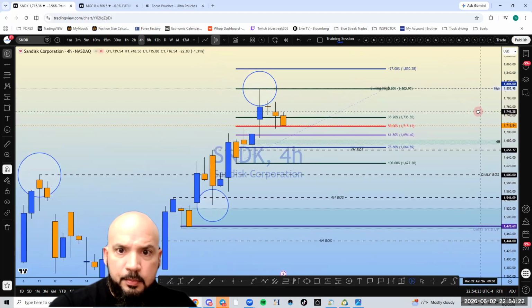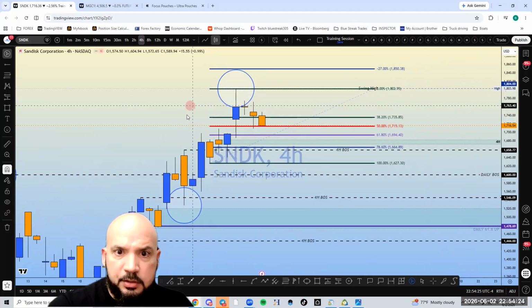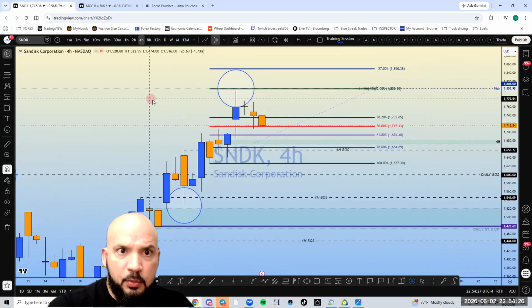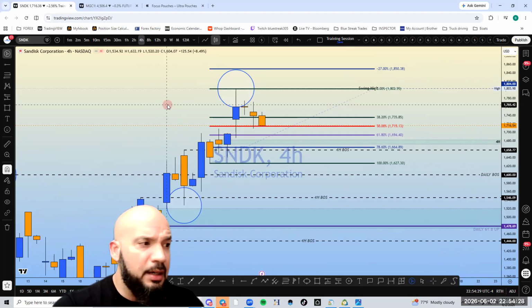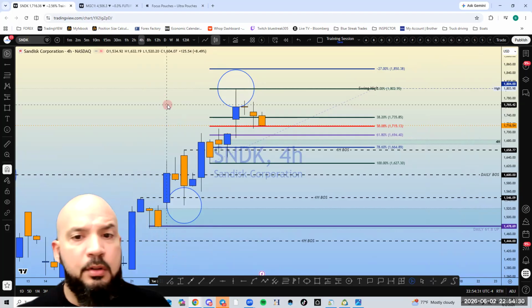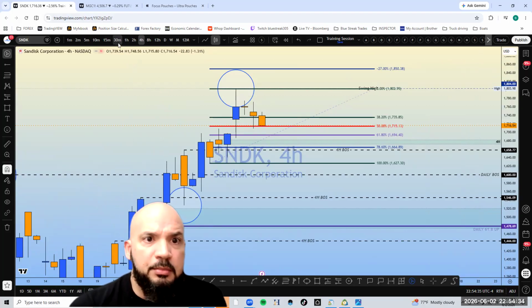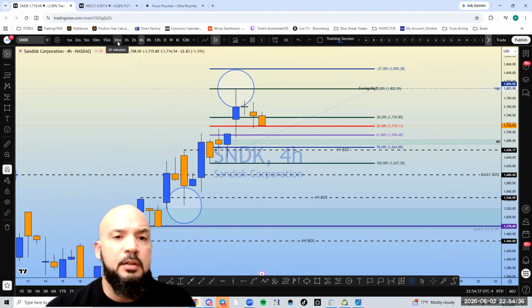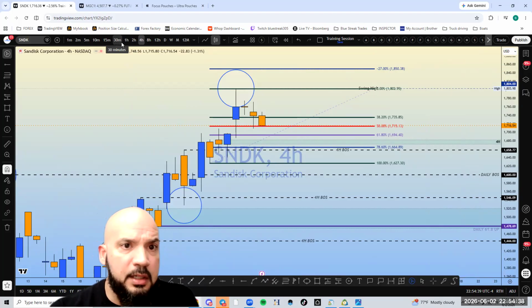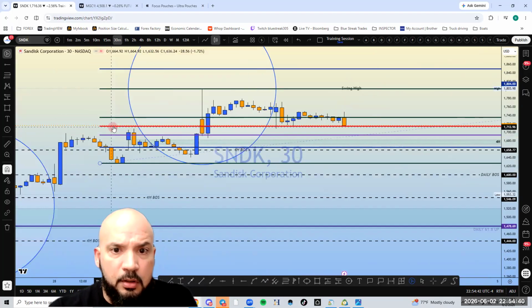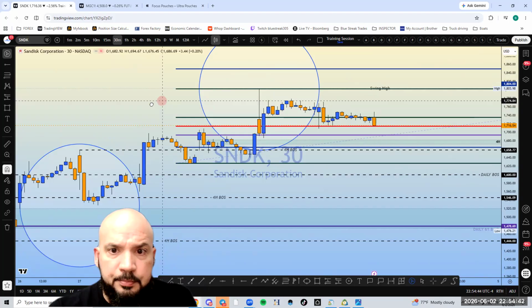This looks interesting. Let's look at what's the correlating time frame after 4 hour? 30 minutes. Let's see if the 30-minute gives us something to look at. Now this is going to be more data, so the price action is going to be different.